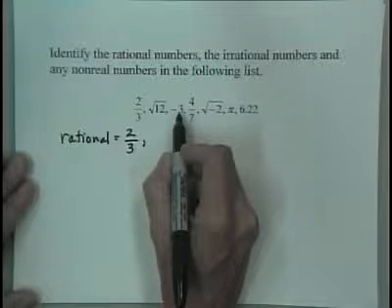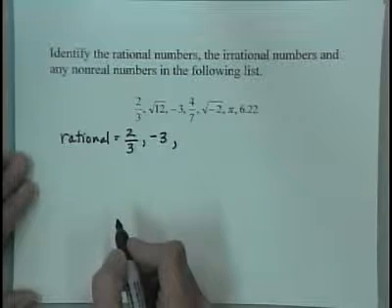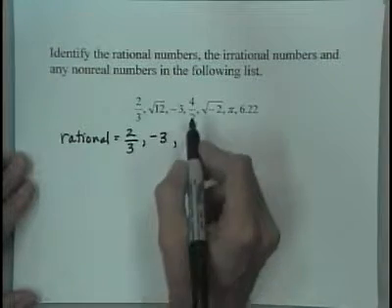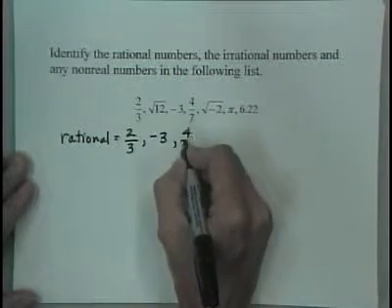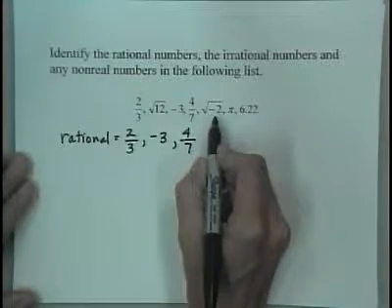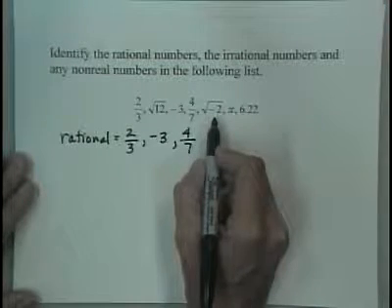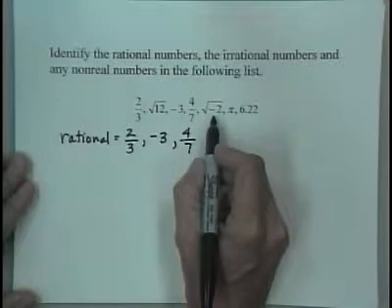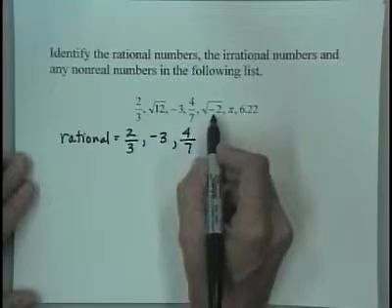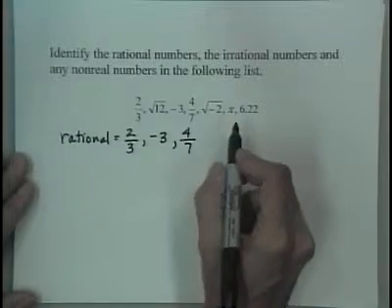That can be thought of as negative 3 over 1, which would make it a ratio of integers, so it is rational. The next number is 4 over 7, a ratio of integers. The next number is the square root of negative 2. It's not possible to write that number as a ratio of integers, so it's not rational. Pi is also not rational.